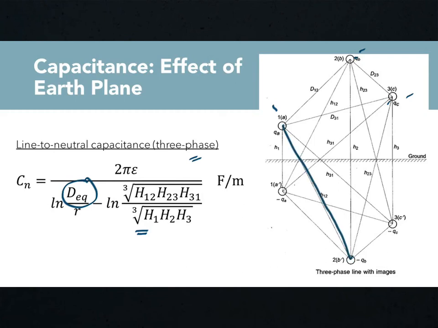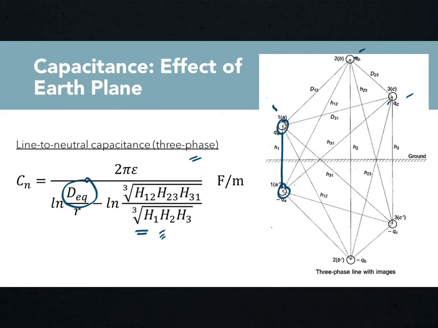Then, another is H23, and then H31. It's sort of DEQ. Kaya parang DEQ yan, 1, 2, 2, 3, 3, 1. And then, after that, yung H1, H2 natin, the vertical distance between the true conductor and its image conductor itself.